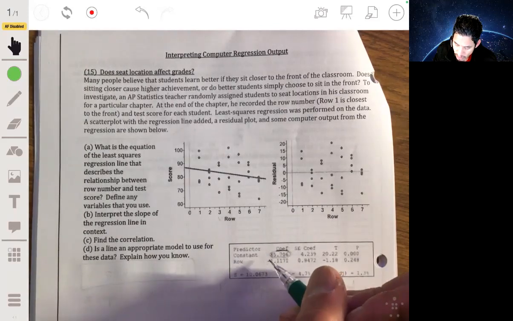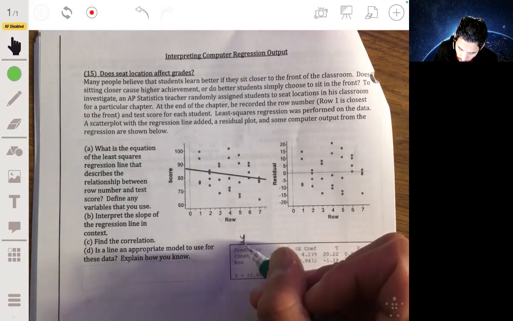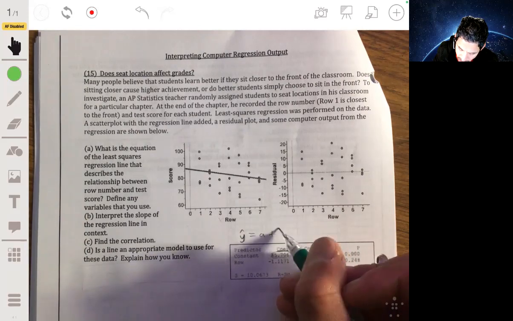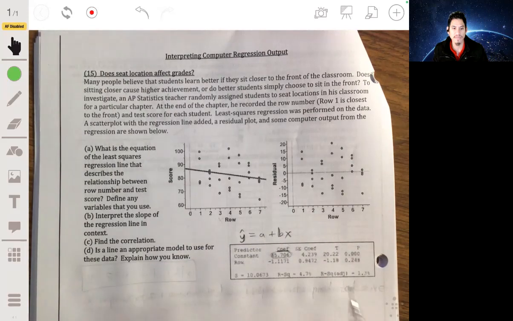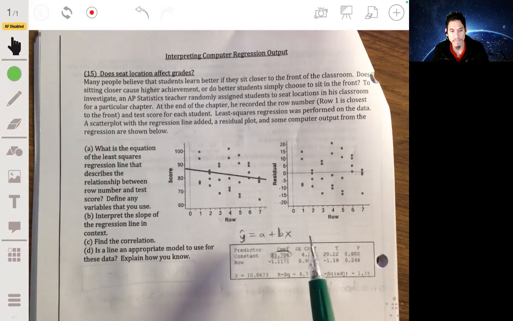85.706, that'll be your A value. Remember, we're dealing with the linear equation, y hat equals a plus bx. That's the typical form we'll have in statistics. So a is your constant or y-intercept. Your b is the slope, the coefficient of your explanatory variable x.